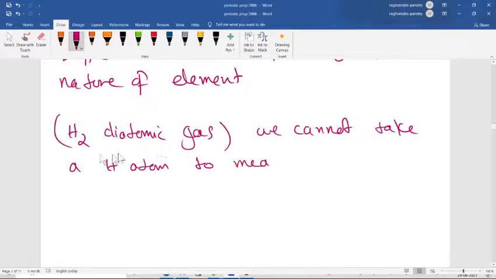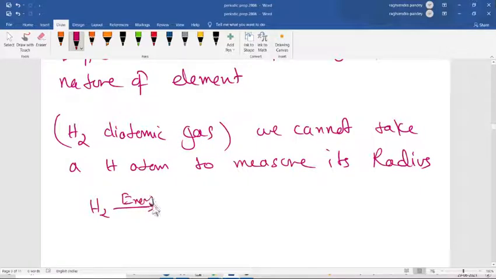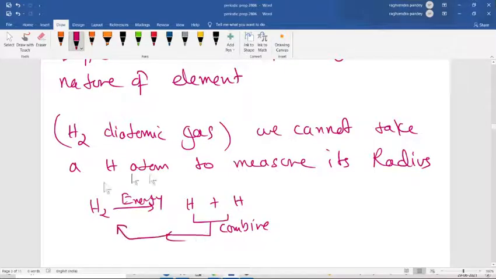Because the nature is such that if you apply energy and the bond breaks into hydrogen and hydrogen, they will immediately combine and give back the hydrogen molecule.